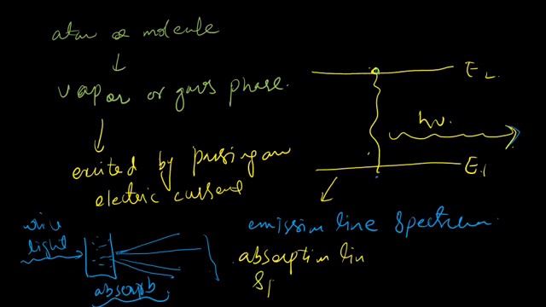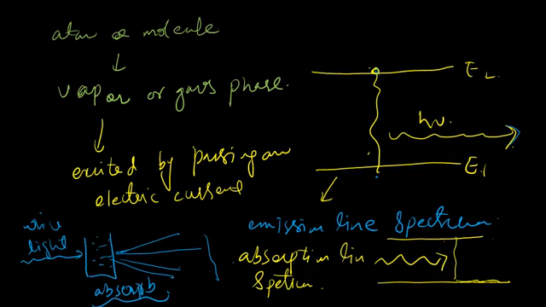Again we get discrete lines, but these are absorption lines. By absorbing the light, the electron goes to a higher energy state, and correspondingly we have the absorption line spectrum.